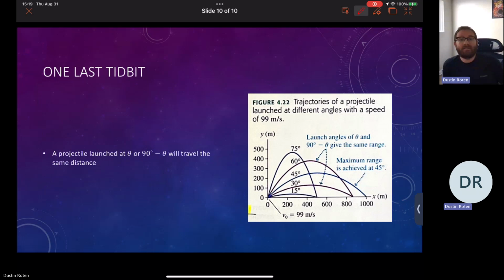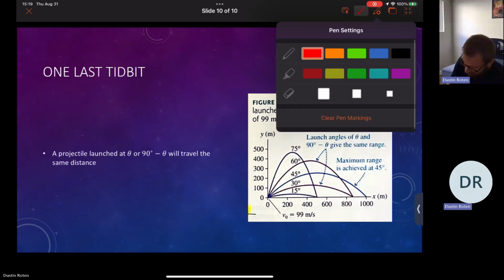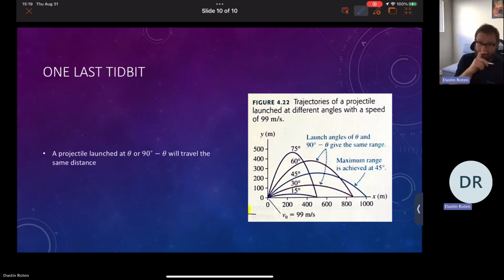So just one last little tidbit. There's a cool piece of symmetry here. A projectile that's launched at theta or 90 minus theta will travel the same distance. Let's draw this. This is actually pretty handy to keep in mind.